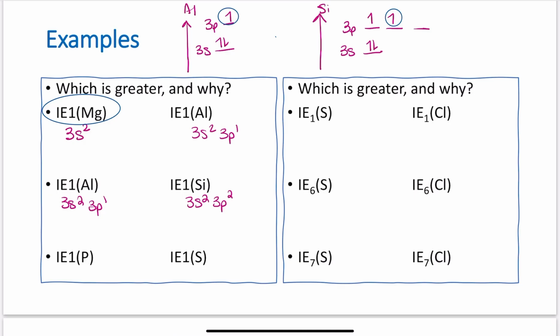One, if I empty out aluminum, then I've got an empty 3p orbital. That's a little more advantageous. Silicon is only one spot away from having a half-filled shell, which it would like. If I lose silicon's electron, I still have one electron in my 3p. If I lose aluminum's, it's gone. So this is easier to remove. That also follows the general trend. There are more electrons in silicon, which means the effective nuclear charge is greater, which means the electrons are pulled tighter.